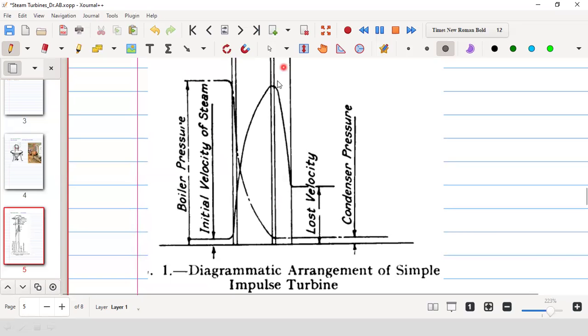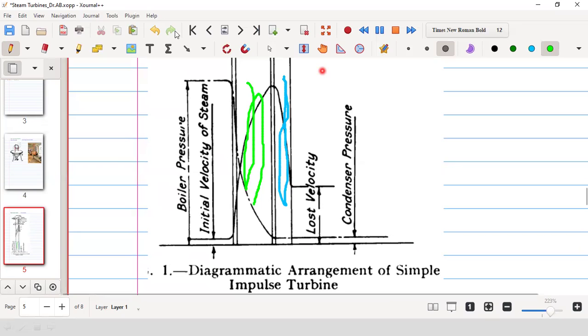So you see that this passage is for the blade and this passage is for the nozzle. So in the nozzle there is a pressure drop, but in the blade there is no pressure drop. So that is impulse turbine. So it is simple impulse turbine.